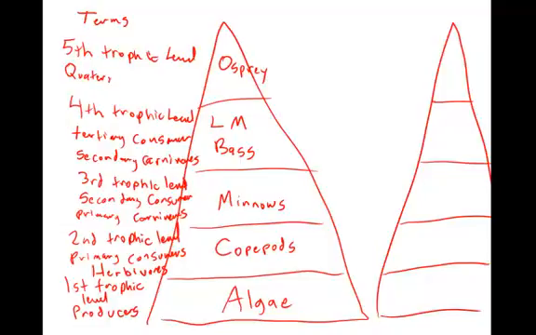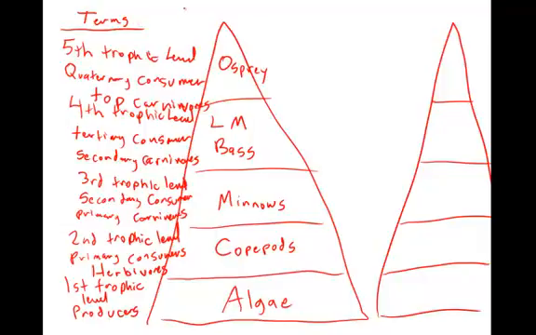Quaternary consumer. And it would be a tertiary carnivore, but we're going to call it a top carnivore. Nothing makes a living eating ospreys. We'll talk about why that is. Carnivores.